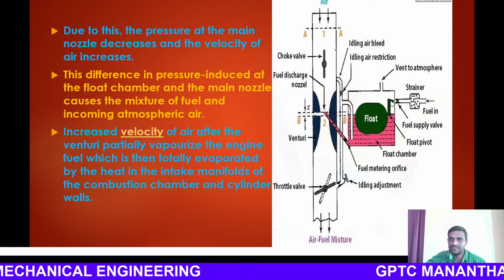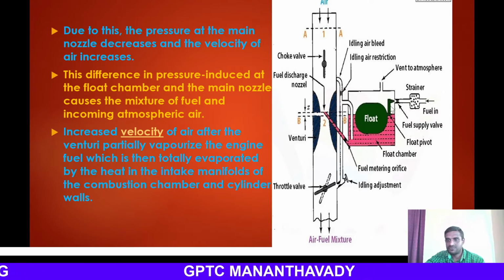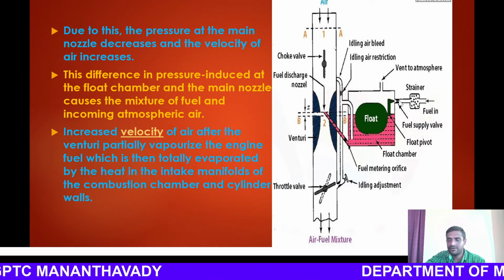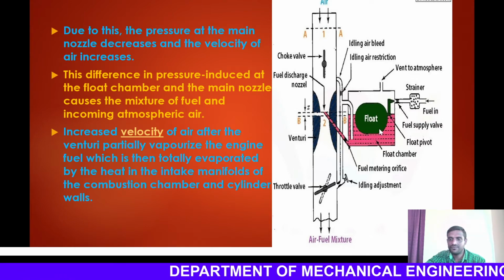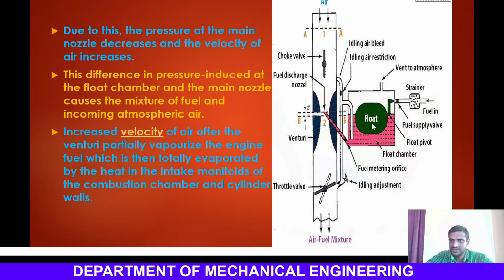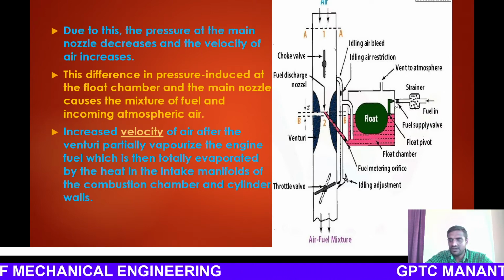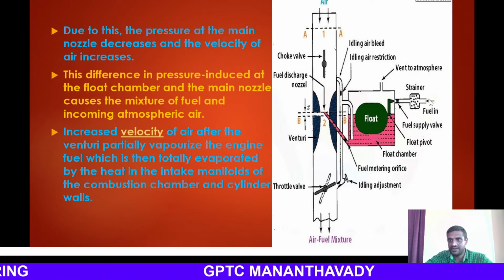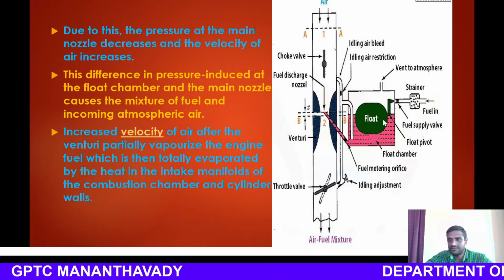This is the needle. When the float chamber is full, this needle valve closes this passage and there will be no entry of fuel into this float chamber. When the level of the fuel in this float chamber decreases, what will happen? The float will move down and the needle valve moves from its seat, and the fuel will get into this float chamber.